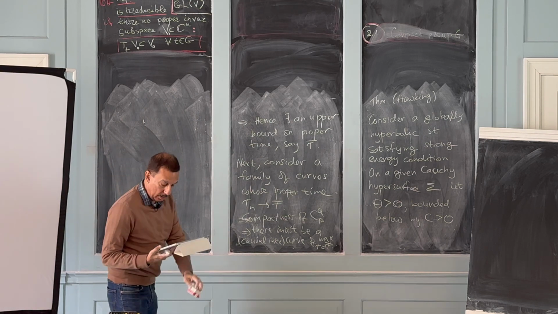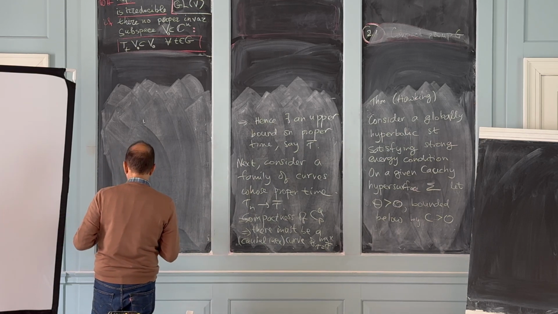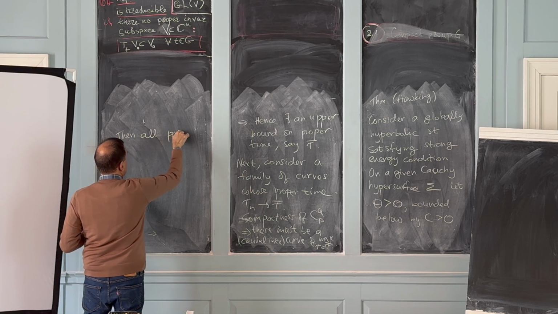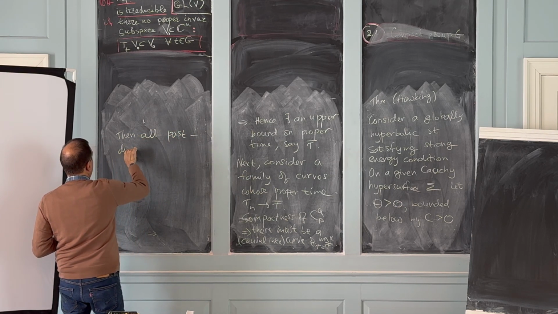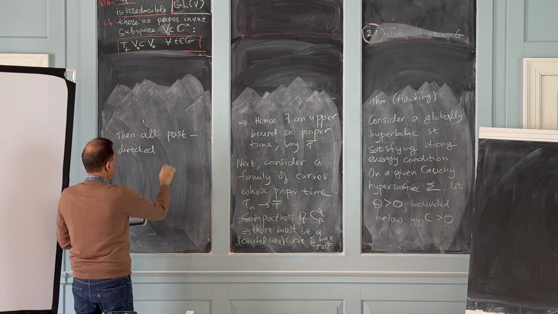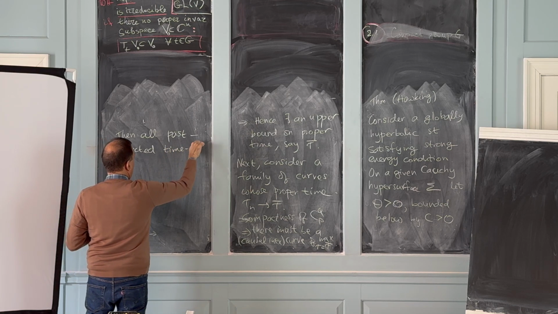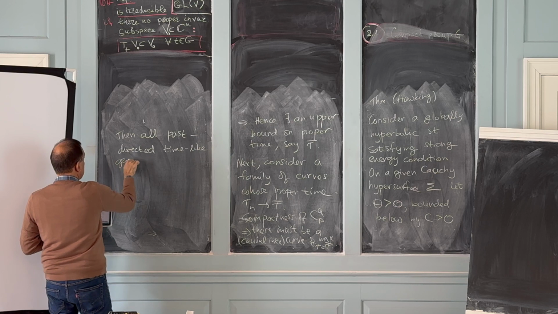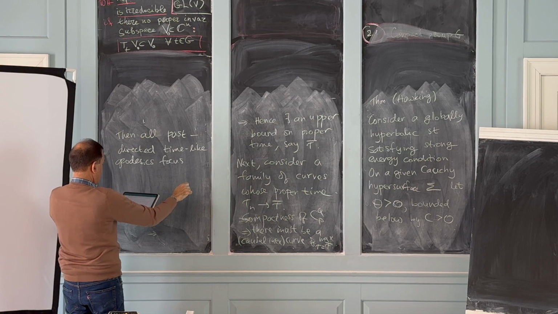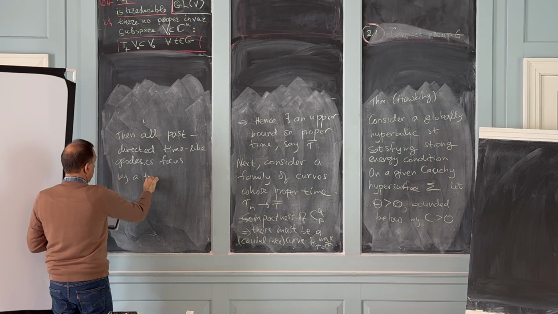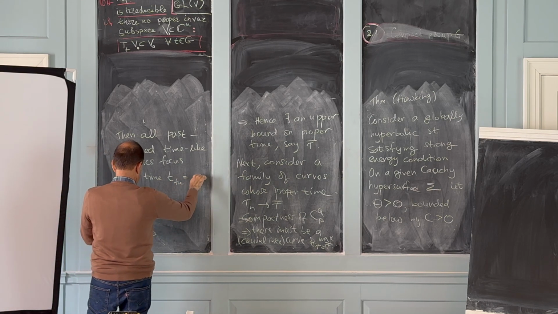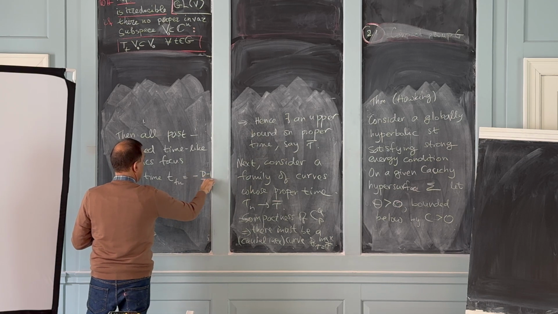Rest of the theorem here. Then all past directed time-like geodesics focus by a time t focal, which I defined earlier, which is actually minus d minus 1 upon c, this constant.